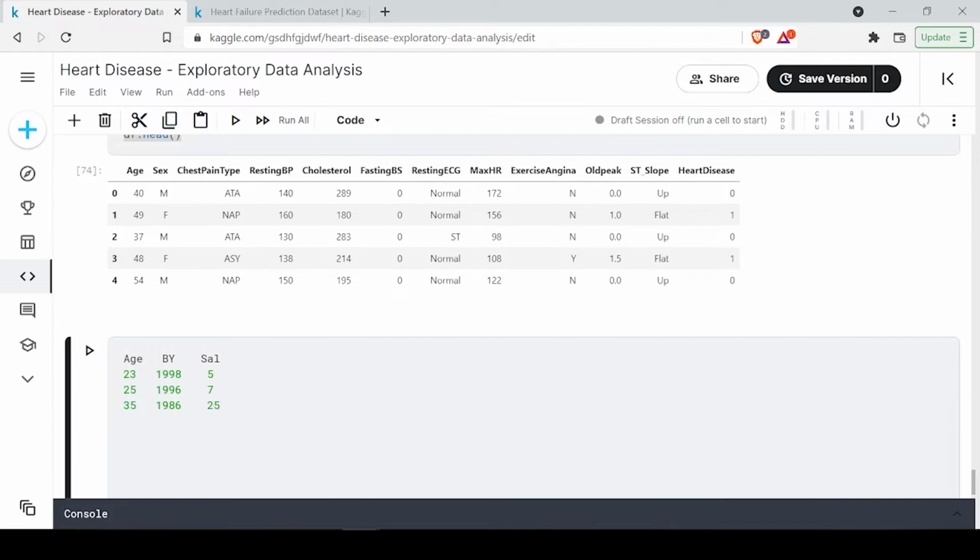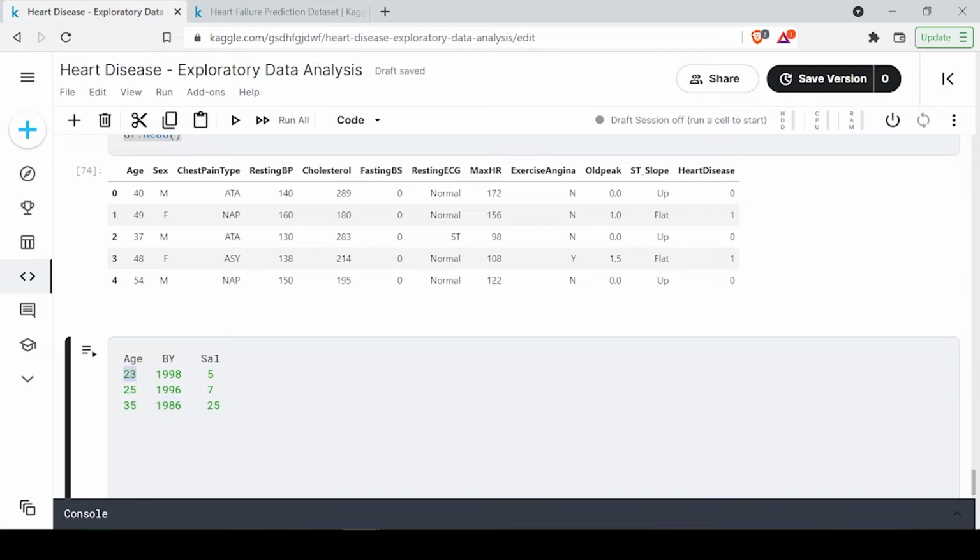So from this data set we can add multiple rows, but if I'm analyzing each column at a time, which is age, birth year and salary, you can see that if the age increases, then birth year obviously decreases, right?